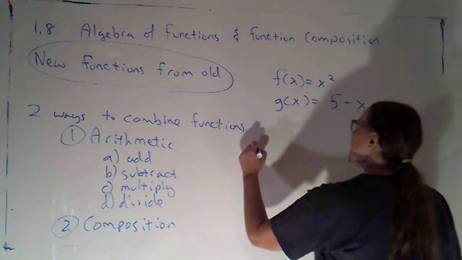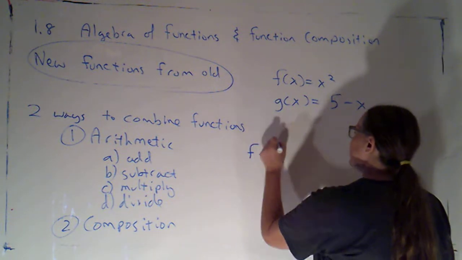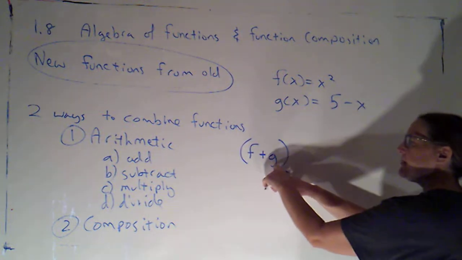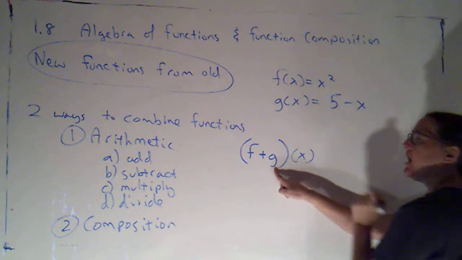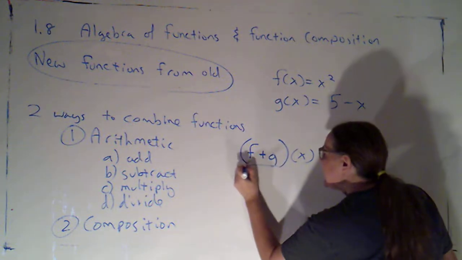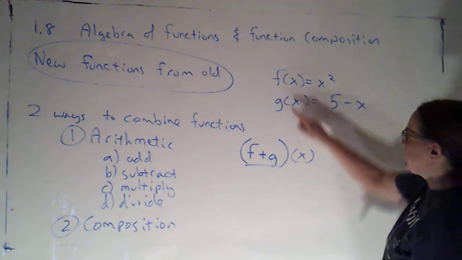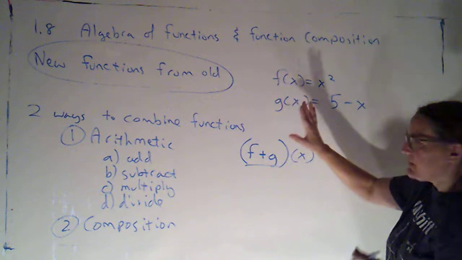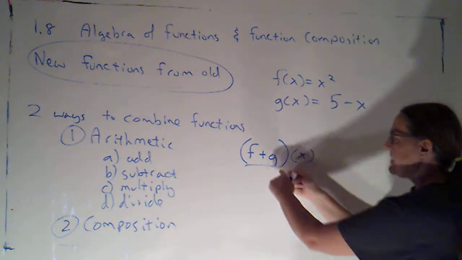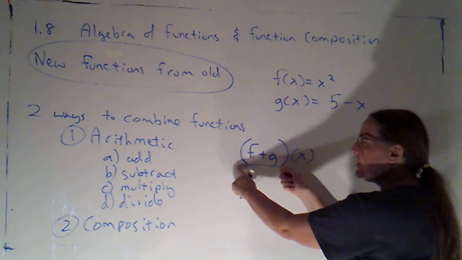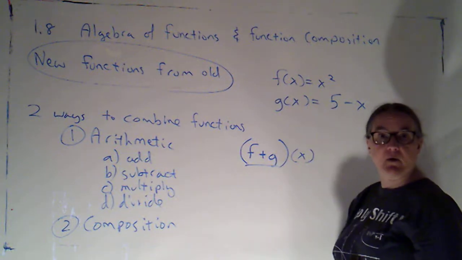If I wanted to, I could build a new function that I would call f plus g of x. The name of the function is the name of each function, f and g added together. That's one name of one new function that I'm going to evaluate at a point x.